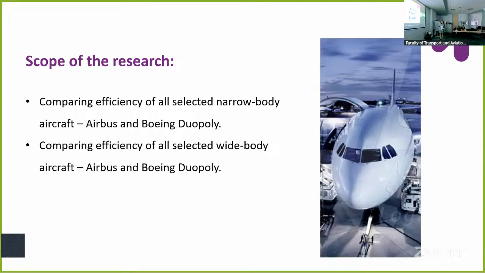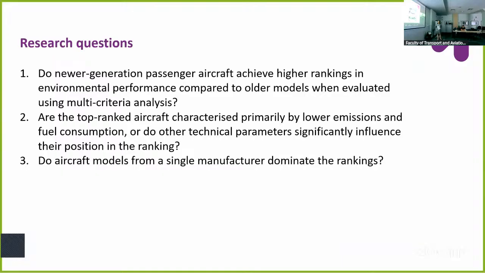Yes, and the scope of the research was, of course, narrow and wide body aircraft of Airbus and Boeing. What were the research questions? Do newer generation passenger aircraft achieve higher rankings in environmental performance compared to older models when evaluated using multi-criteria analysis? The second question: are the top-ranked aircraft characterized primarily by lower emissions and fuel consumption, or do other technical parameters significantly influence their position in the ranking?